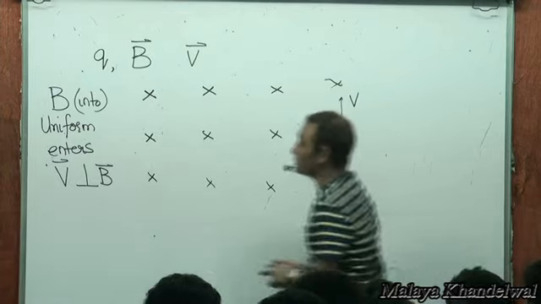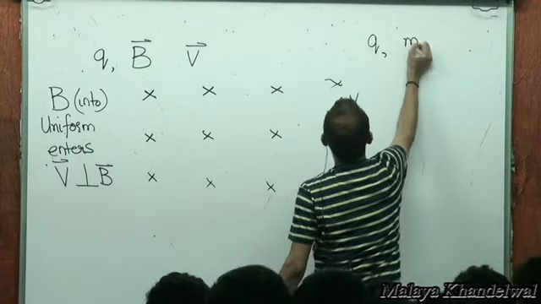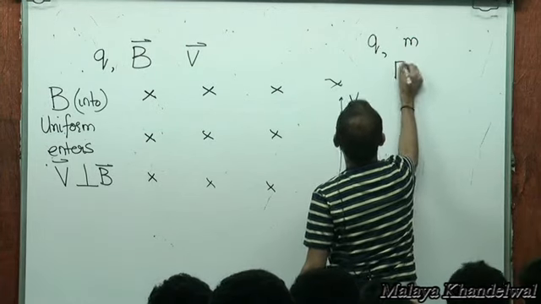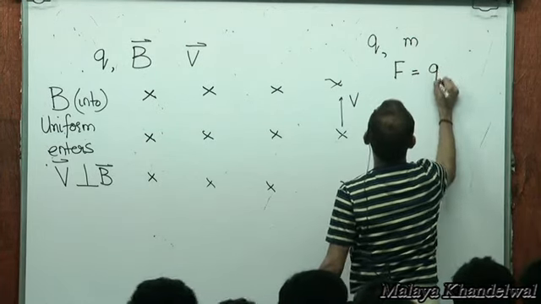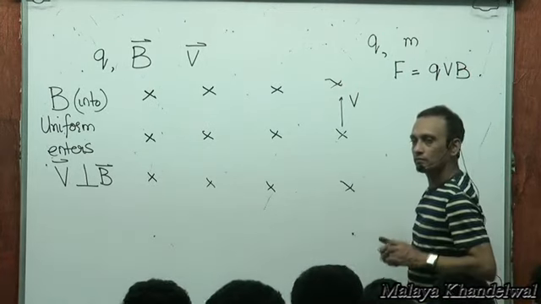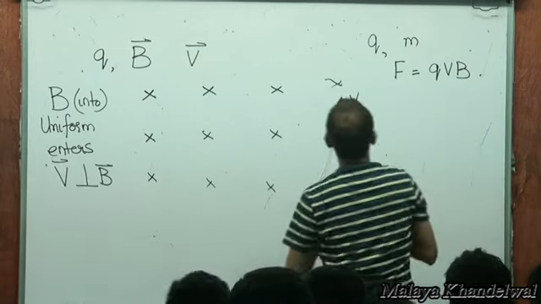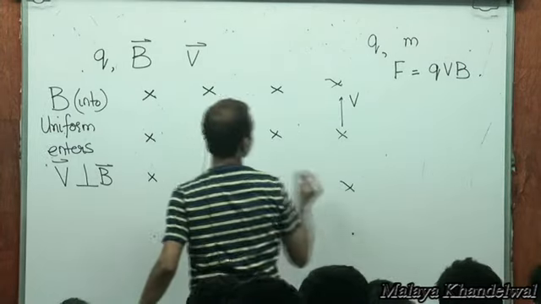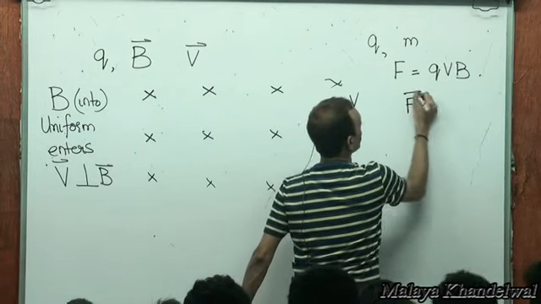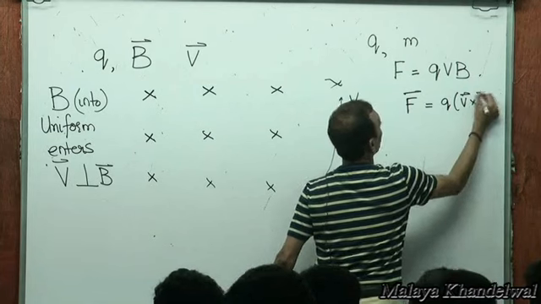So then the particle, this charge Q, mass M, experiences a force of magnitude Q into V cross B, which would be V into B into sine 90 degrees. That's the magnitude of the force that it experiences. And this force F, realize, is Q into V cross B, is perpendicular to V.